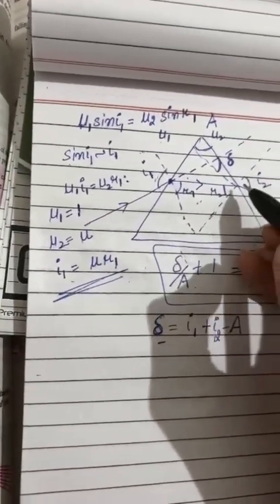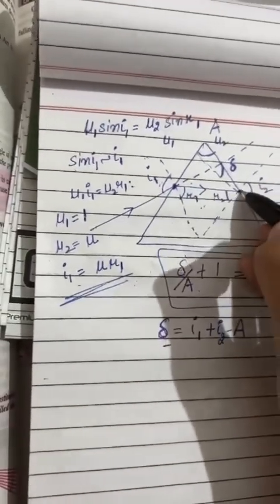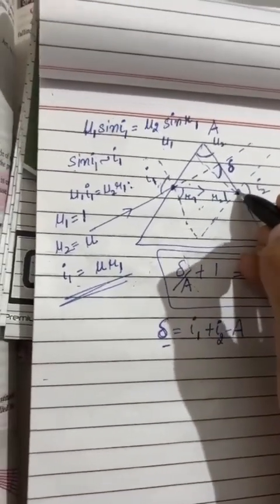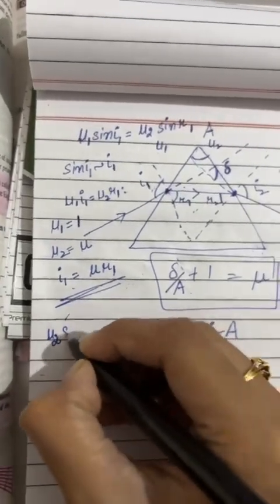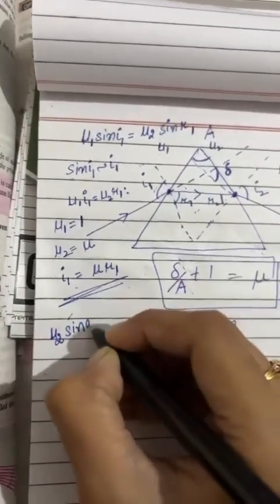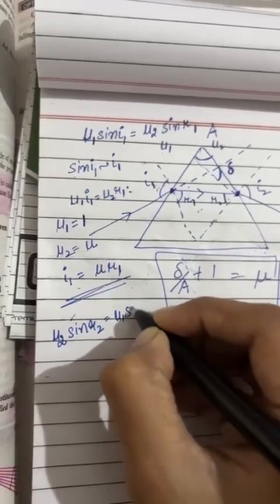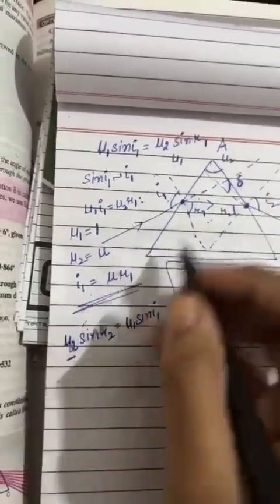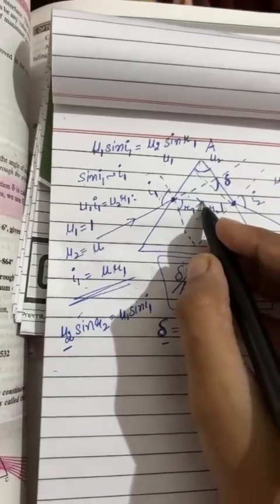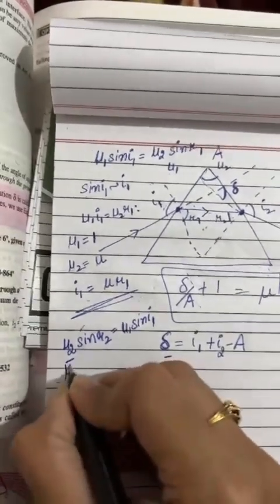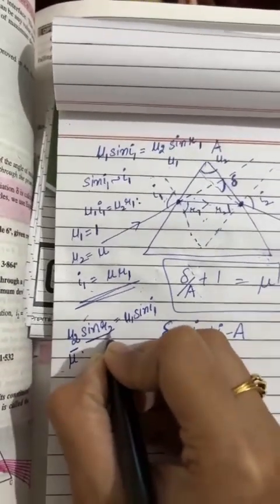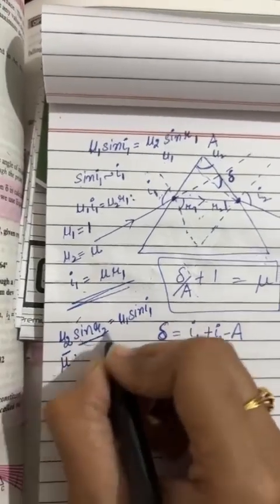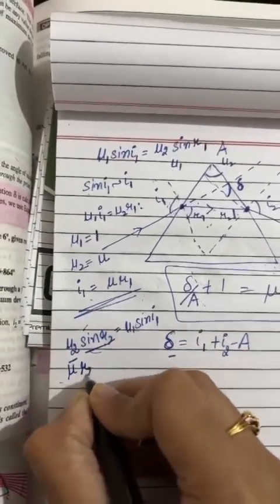In the same way, we will apply Snell's law here. It will become mu2 sine R2 is equal to mu1 sine I2. So mu2, we already considered, is the refractive index of the prism, that is equal to mu sine R2. If we are considering angles are small, then we can write sine R2 is equal to R2.